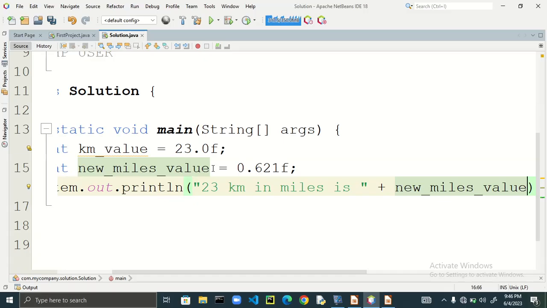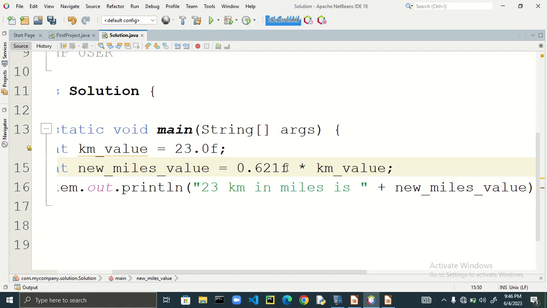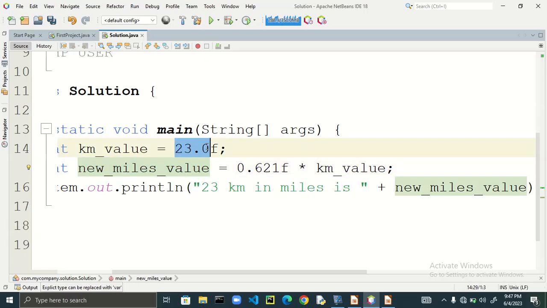That is whatever you are able to get here, new miles value, which is going to be your kilometer value multiplied by 0.621 to get your new values in miles. So this will give us the answer for 23 kilometers in miles.